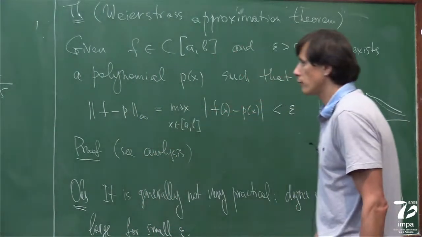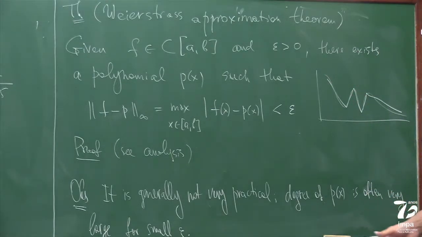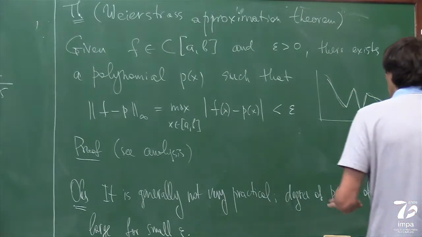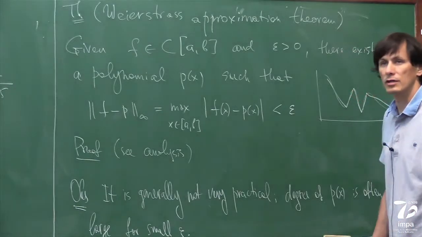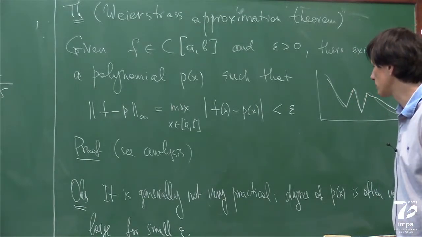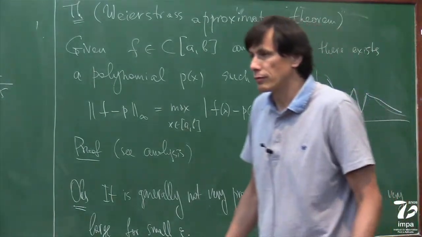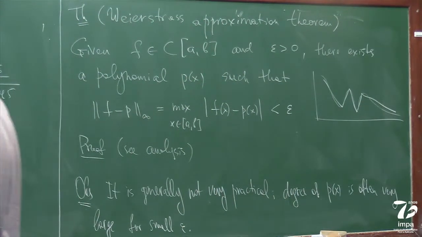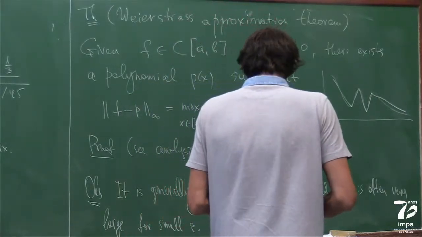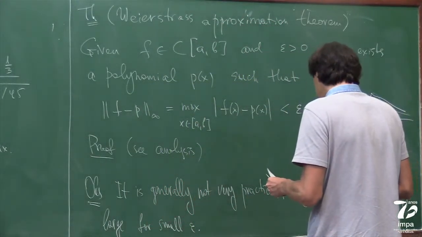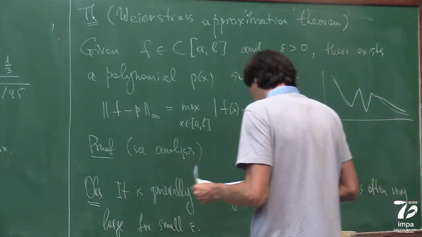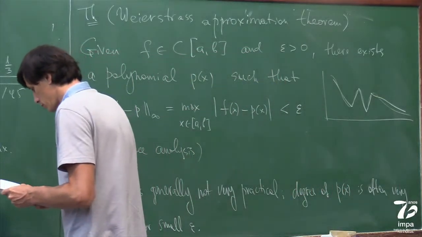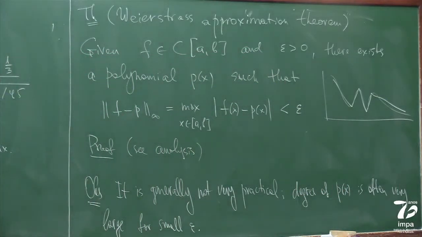Usually we want computations which are very precise, like epsilon 10 to the minus 7, for example, and then it turns out that the polynomial should be of degree 1 million. So this is certainly not practical, right? Theoretically it works; practically it's not so interesting. But this is where we start.